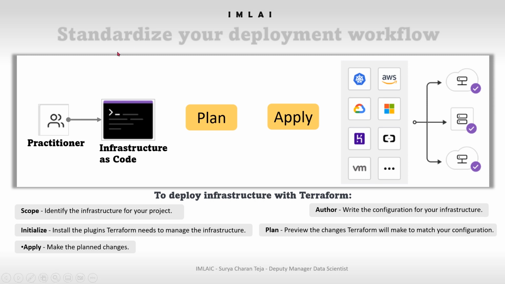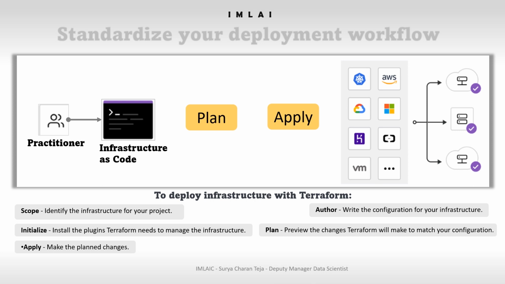Here the practitioner who wants to use infrastructure as code and Terraform, this is your first step. The practitioner will write infrastructure as code, so their piece of code is ready here. The most important aspect in the deployment flow is scope: identify the infrastructure for your project.